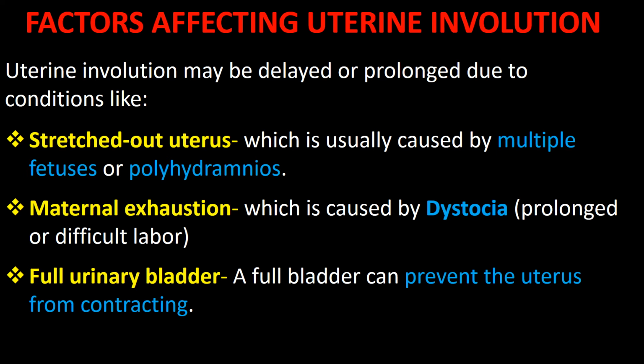Aside from that, for patients with polyhydramnios, pag sinabi nating polyhydramnios, these are patients who have an increased amount or more than the normal amount of amniotic fluid. So, makikita natin dito, yung pasyente, malaki yung uterus niya, na-stretch out kasi sobrang dami ng amniotic fluid. So, those can also have prolonged involution.